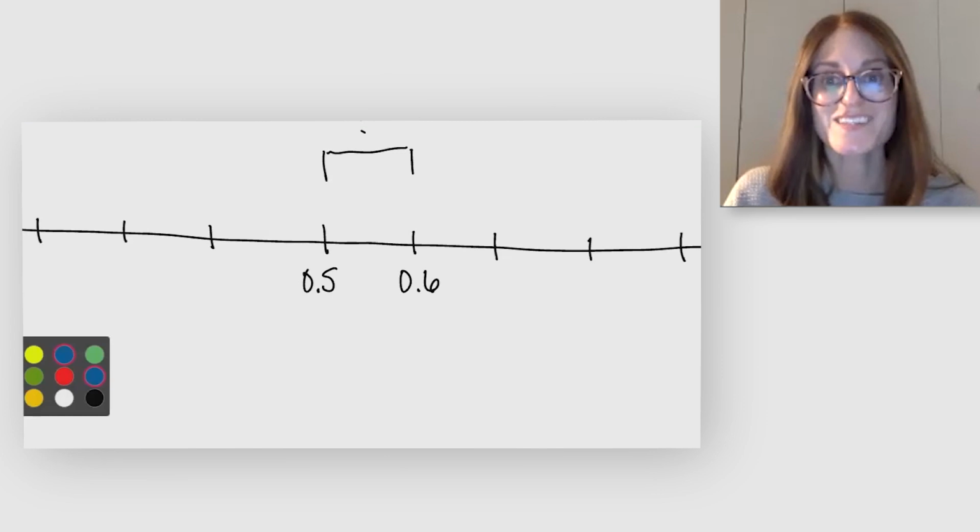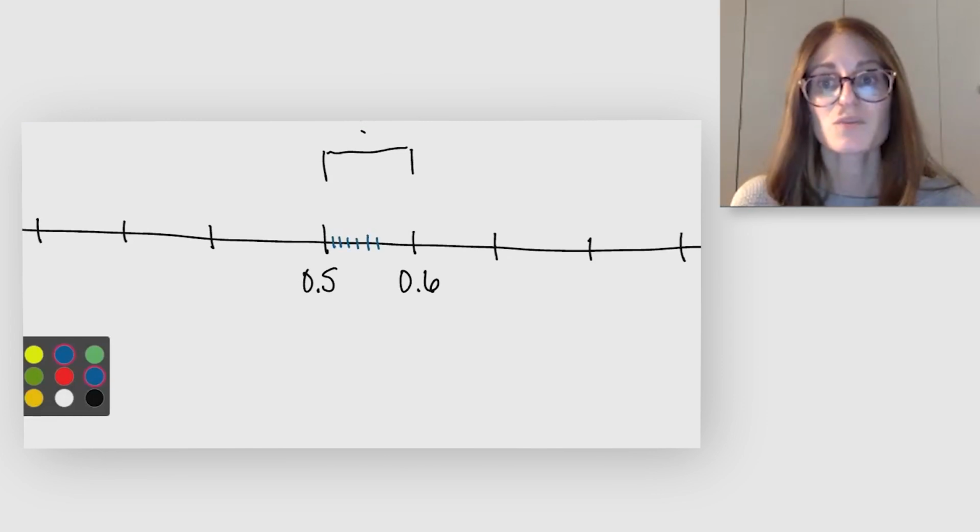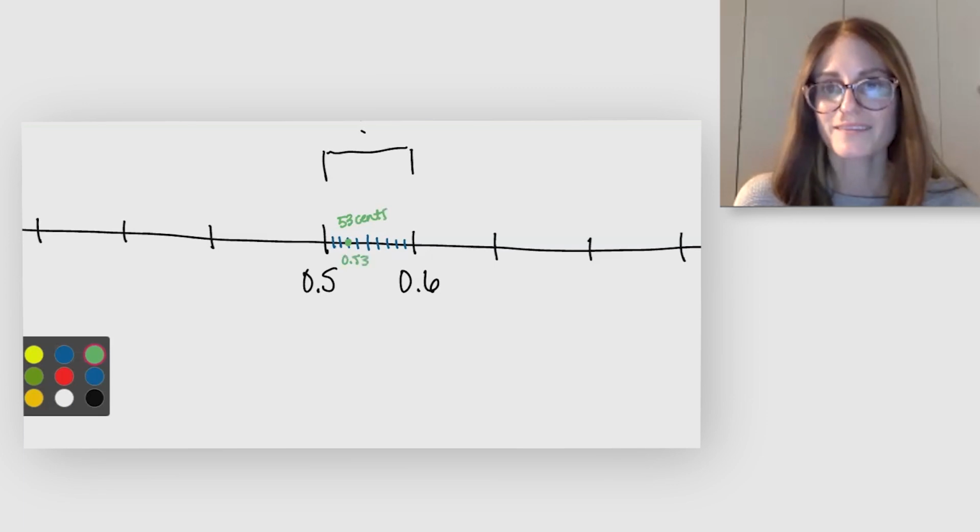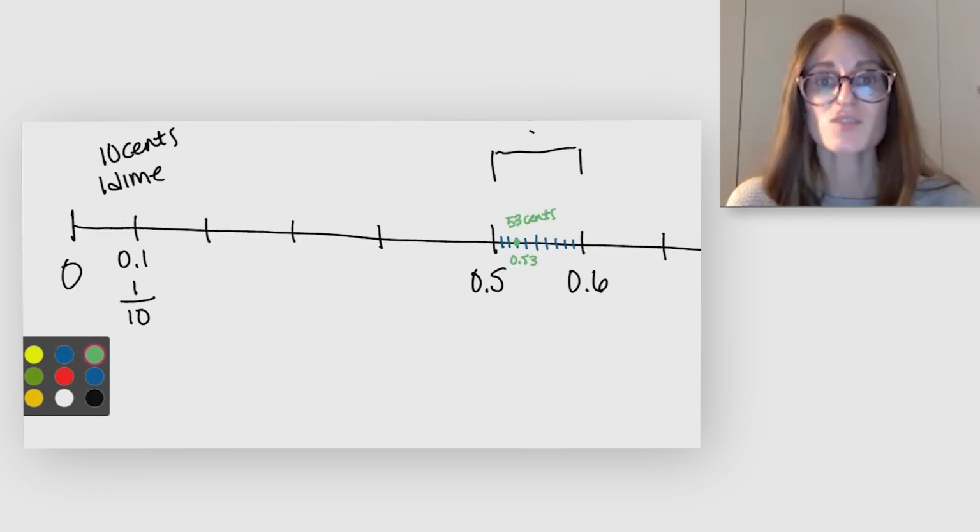There are 10 cents in between 50 and 60 cents, so I can split the space on my number line between 5/10 and 6/10 into 10. This helps me find where 53 cents should land exactly on my number line. Because there are 100 cents in a dollar, when I mark each individual cent like this, each section represents 1/100th of a dollar, or 1/100th of the space between 0 and 1, which can be written as 0.01.